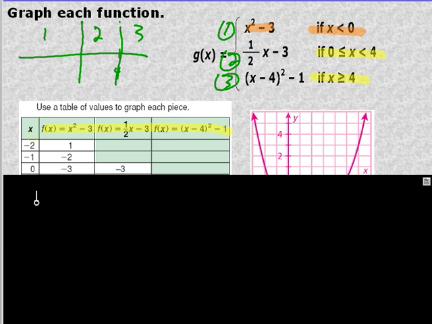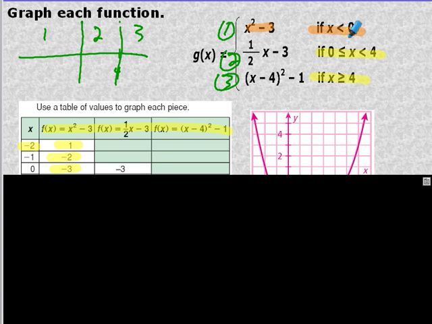So when x is equal to -2, this is going to be -2 squared, 4 minus 3 is 1. This is going to be 1 squared minus 3 or -2, and when x is 0, it's -3. So notice it's less than 0, so this is going to be an open circle at this point.